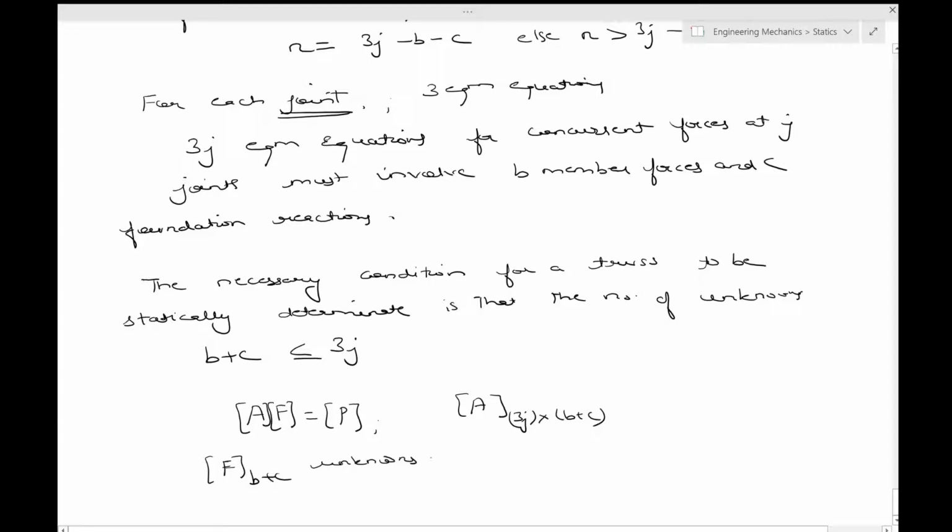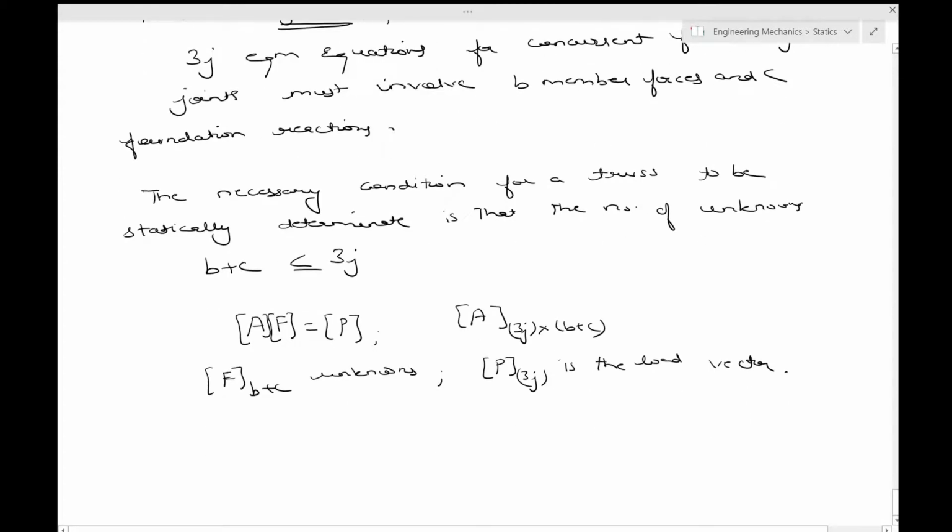So this is in a vector form clearly, and p of 3j is the load vector. This is coming from your linear algebra, and you should verify it from your understanding of that course if you have already done it at this stage.